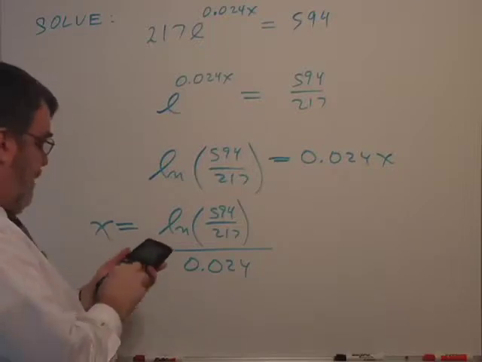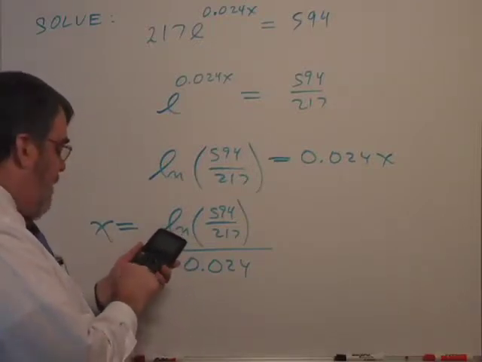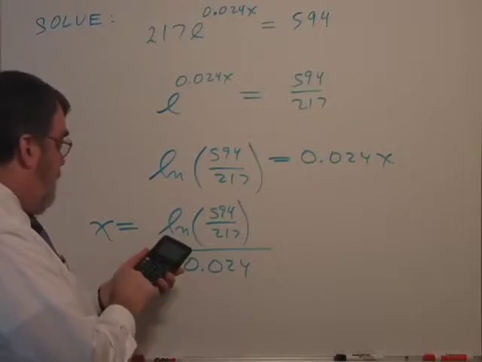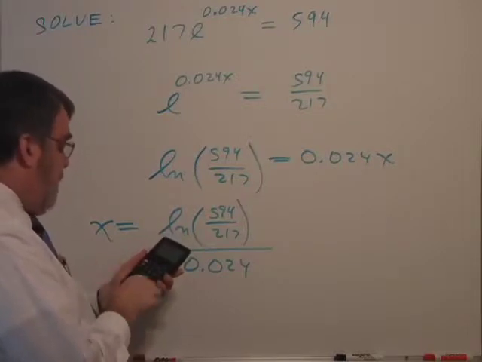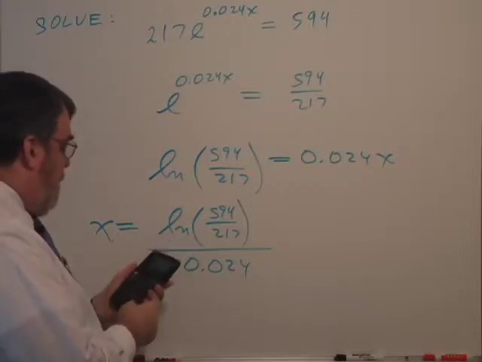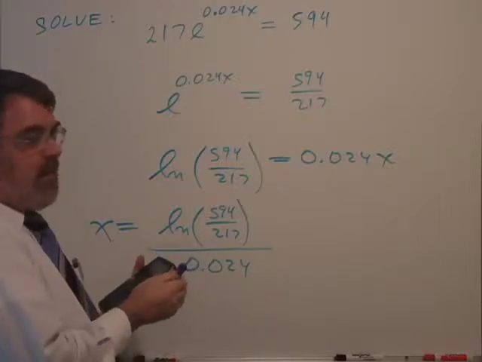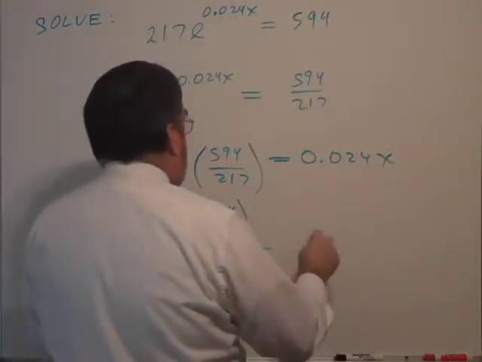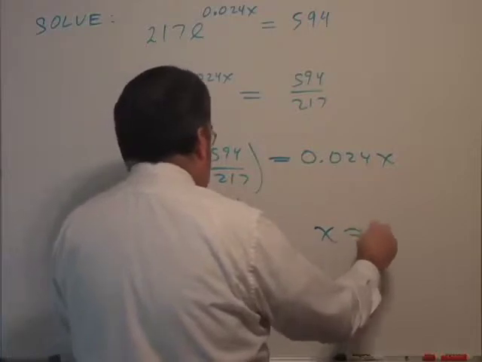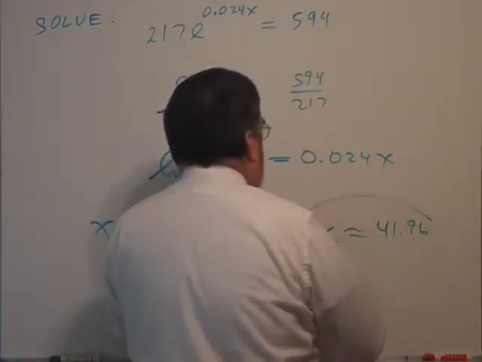I enter ln, left parenthesis, 594 divided by 217, close parenthesis, and then divide by 0.024, and we get approximately 41.96. So x is approximately 41.96.